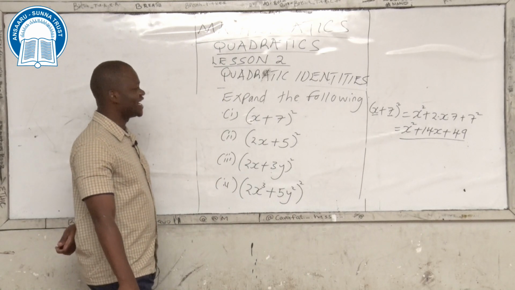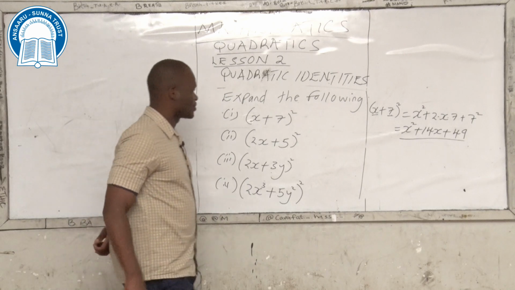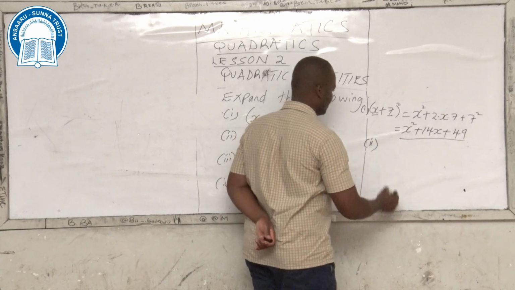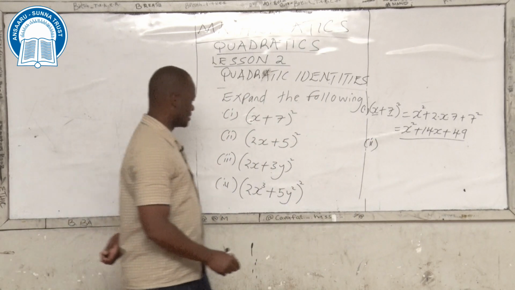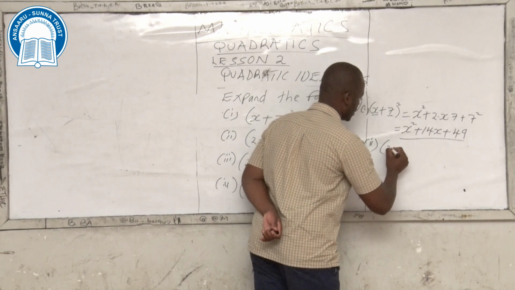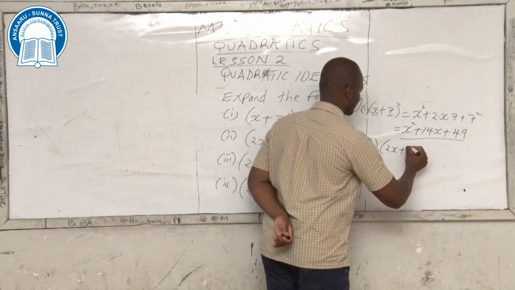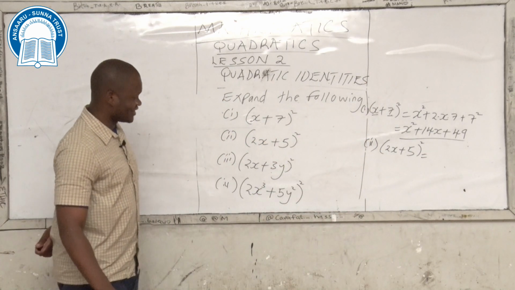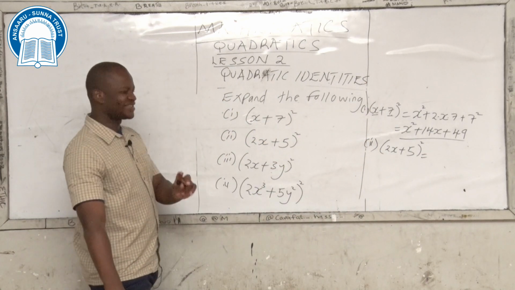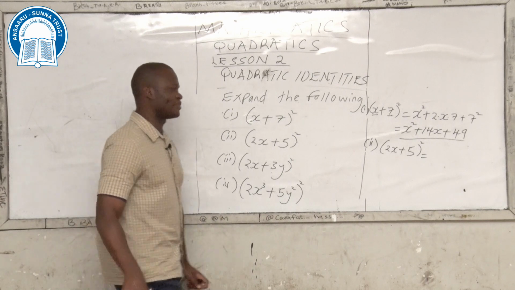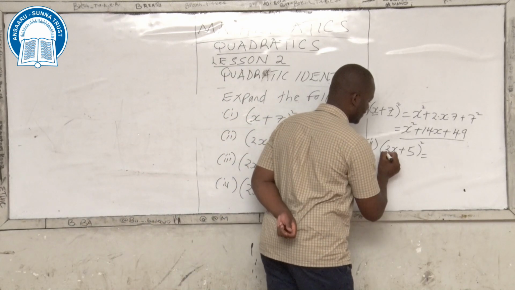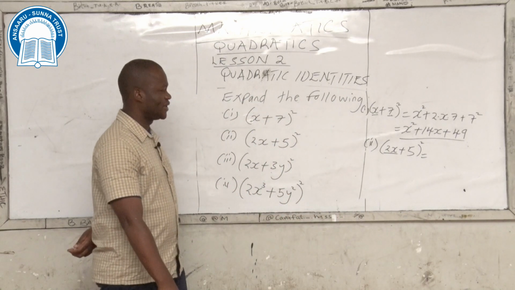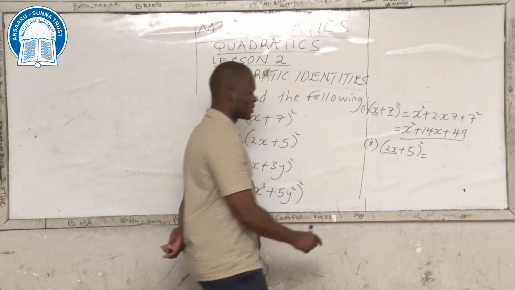Now we go to number 2, given by (2x + 5) squared. Again, we want to achieve the outcome of that expansion in 2 steps. We shall have 2x, being the first term in our left hand side bracket.